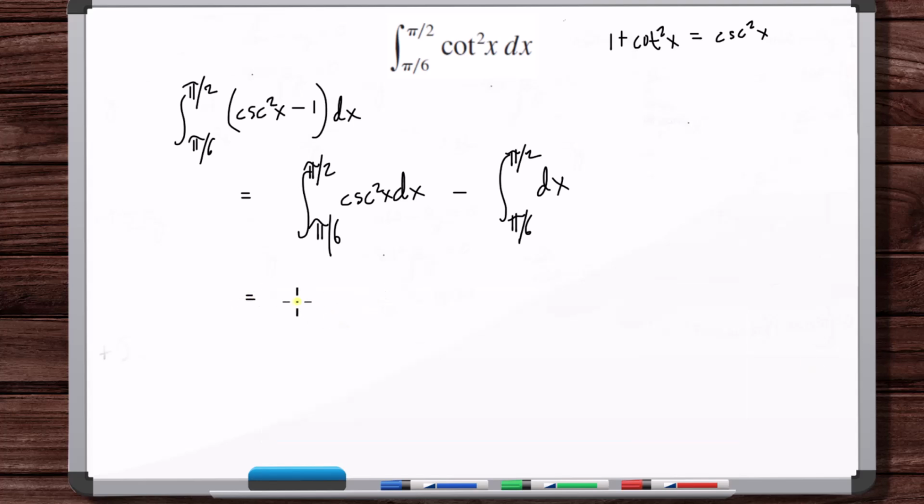So this is just minus cotangent x. And then this is just x.